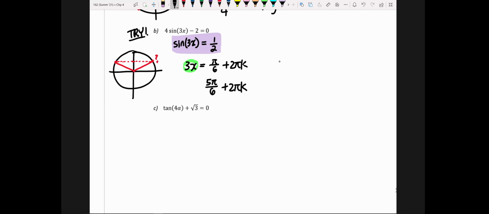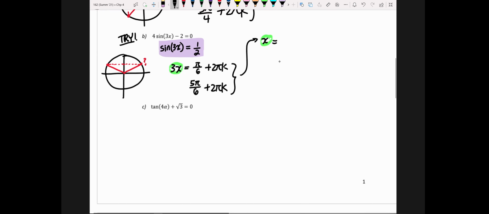Okay, so right here, we did what we did in section 4.2. 4.2 is part of our exam this Thursday. We solve for the input by following the 3-step process. Now our extra step 4, when the input is not x, we have an added step 4, which is isolate x. Okay, so we have to divide everything by 3.